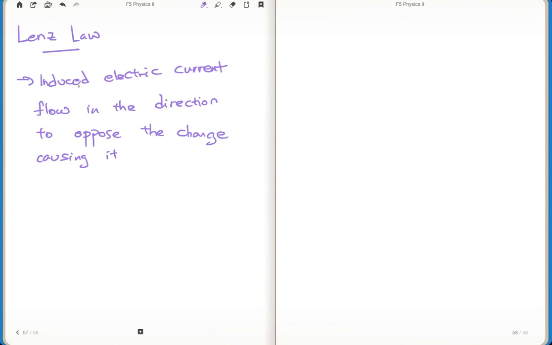So Lenz's Law is all about the direction of induced current. So what does it mean?